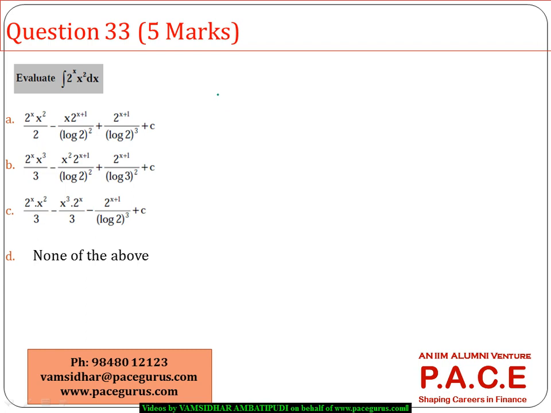Because it is of the form 2 power x into x squared dx, I'll start with x squared into integral of 2 power x dx, minus integration of the derivative of x squared, which is 2x, into 2 power x dx. Again the same logic: x squared into 2 power x by log 2.